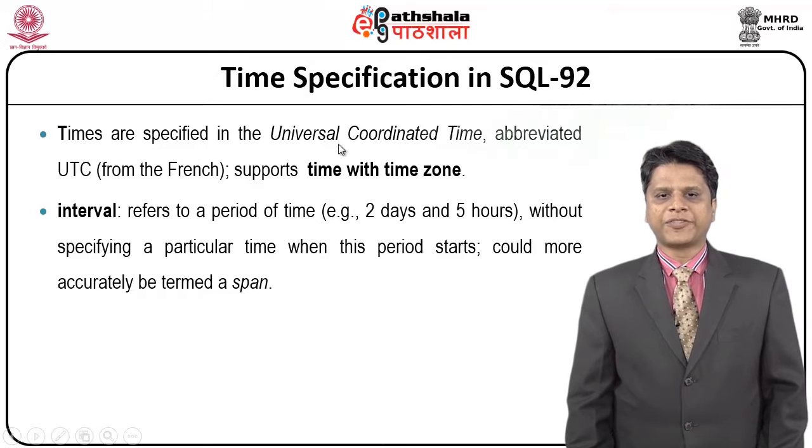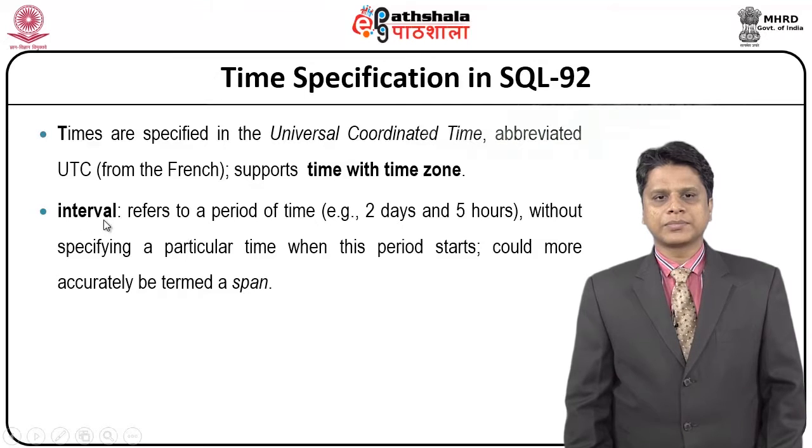Time is specified generally in universal coordinated time, which we call UTC, which supports time with time zone, specific to a time zone. If you look at intervals, an interval refers to a period of time. For example, a transaction which has happened for about 2 days and 5 hours becomes a period of time without specifying a particular time.